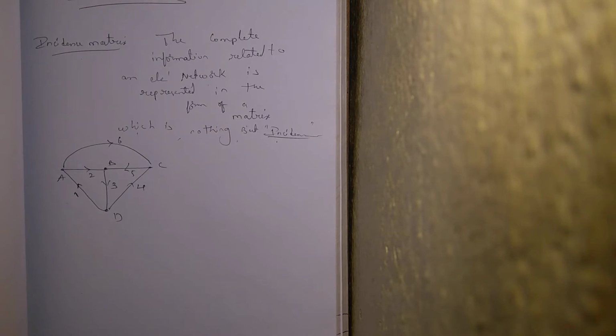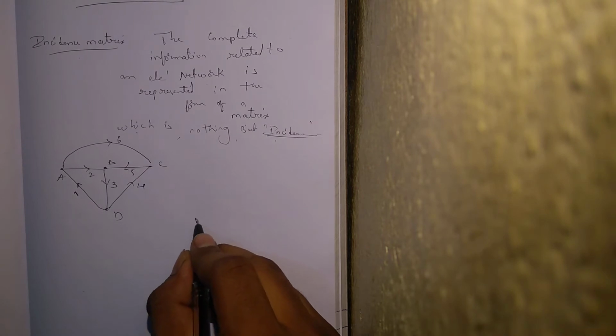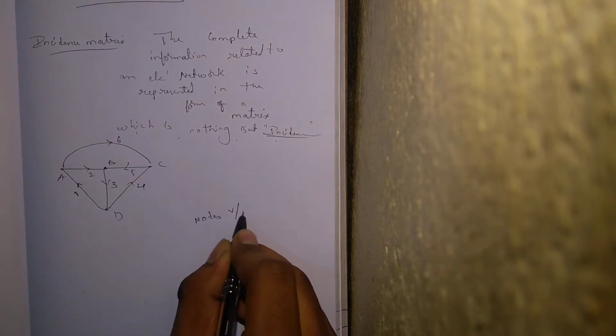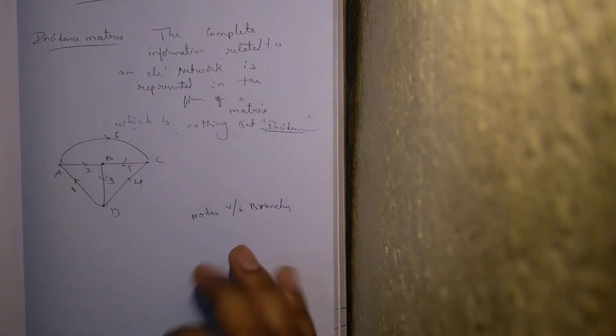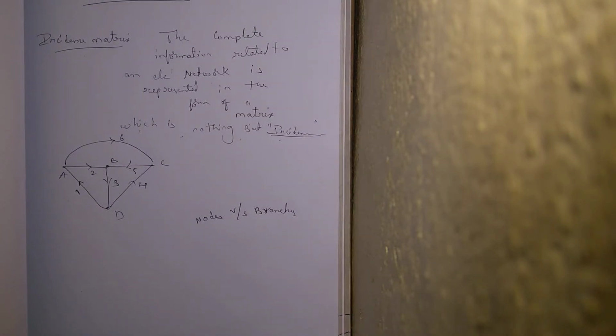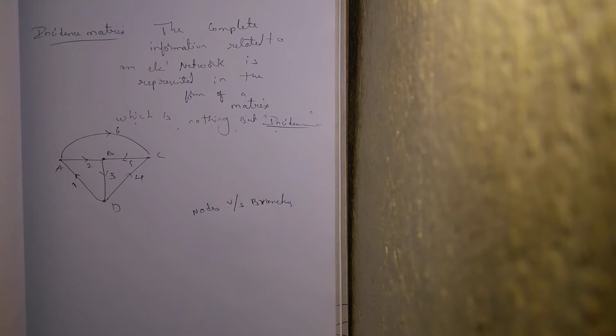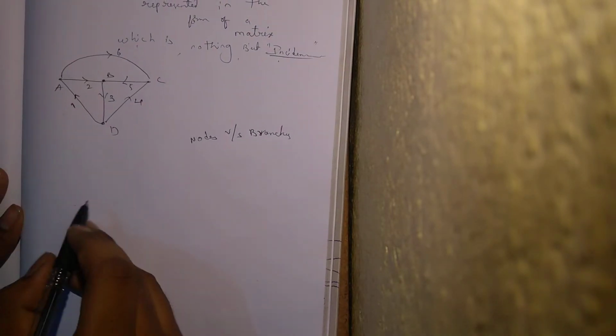Next we're going to construct the incidence matrix from this graph. One important point is that the incidence matrix is a matrix plotted between nodes and branches, nodes versus branches.